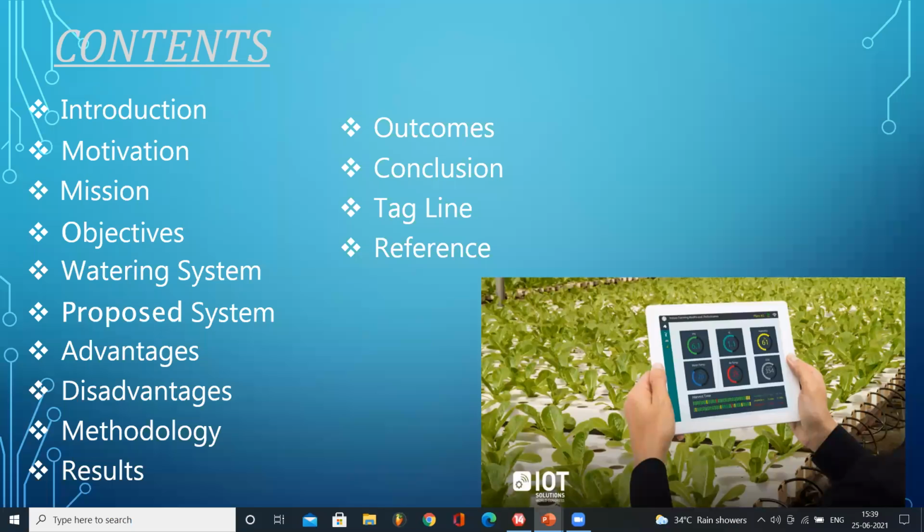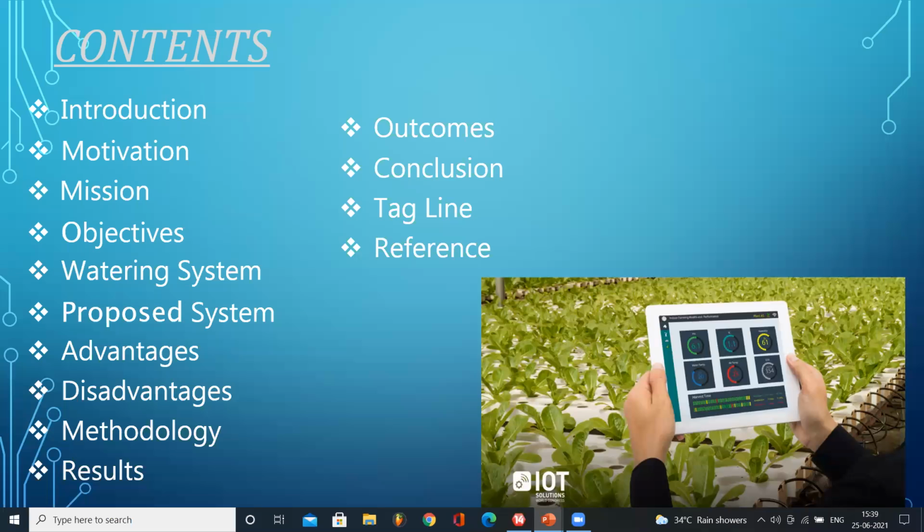Here are the contents that we are going to talk about in our presentation. First, we have the introduction, then motivation, then mission, then objectives, then watering system, then the system that we can use for this type of smart plant monitoring, then some advantages and disadvantages, how to implement it, how the result comes, what the outcomes are, and then we finish our topic.